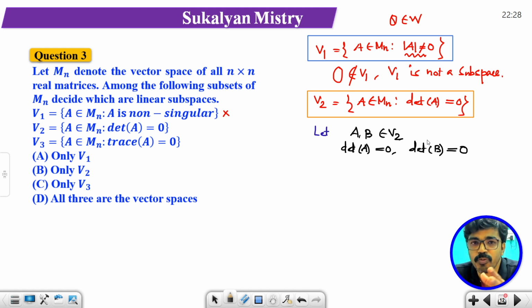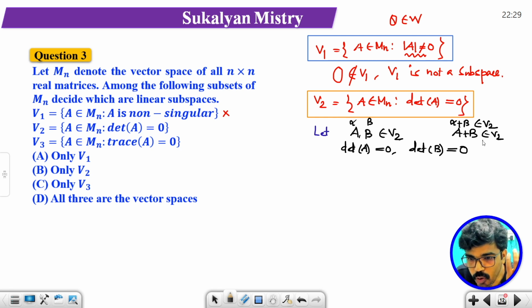If we see the closure property is satisfied, that is alpha plus beta also belongs to w, this is the first condition, and the second condition is that c alpha belongs to w, while c belongs to f and alpha belongs to w. Okay, then consider A as alpha and B as beta. Then alpha plus beta must be an element of v2. So A plus B must be an element of v2. When will A plus B be an element of v2?